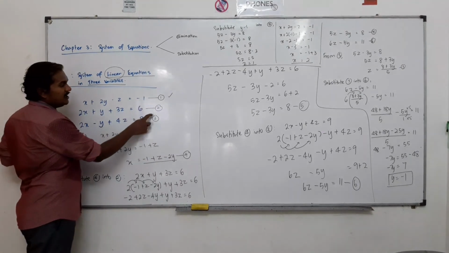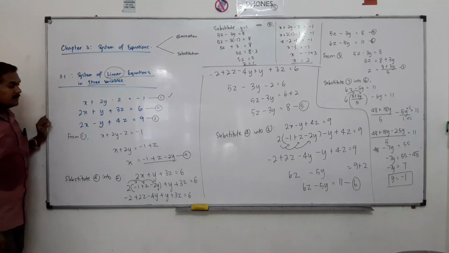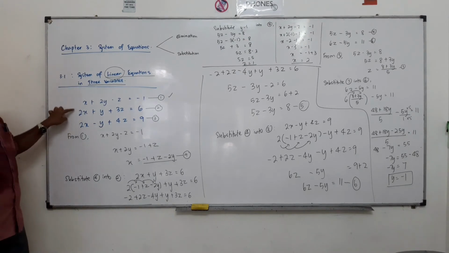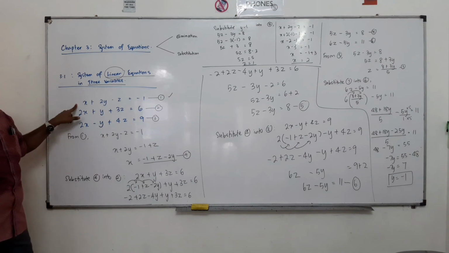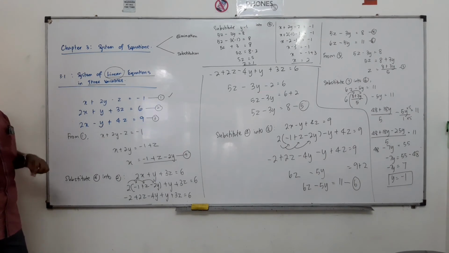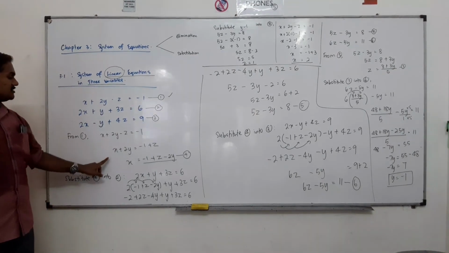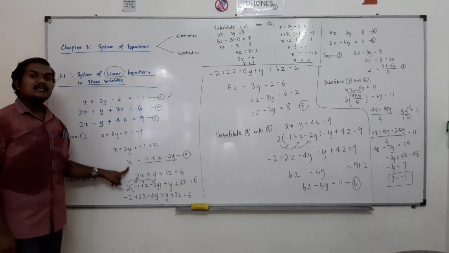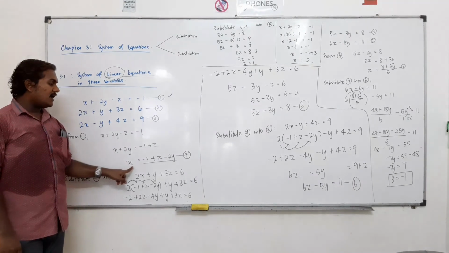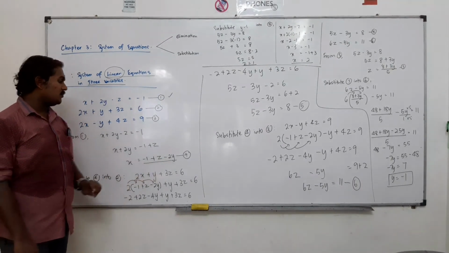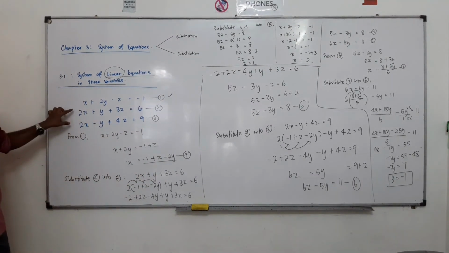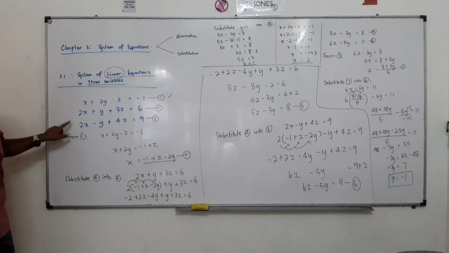First, we have to name the equations 1, 2 and 3. After that, we have to select any of the equations here and we have to select one of the variables in order to make the variable the subject. So, I am selecting equation 1 and I am using equation 1 in order to make x the subject. After making x the subject, I am taking the new equation and substituting it in equation 2 and equation 3.